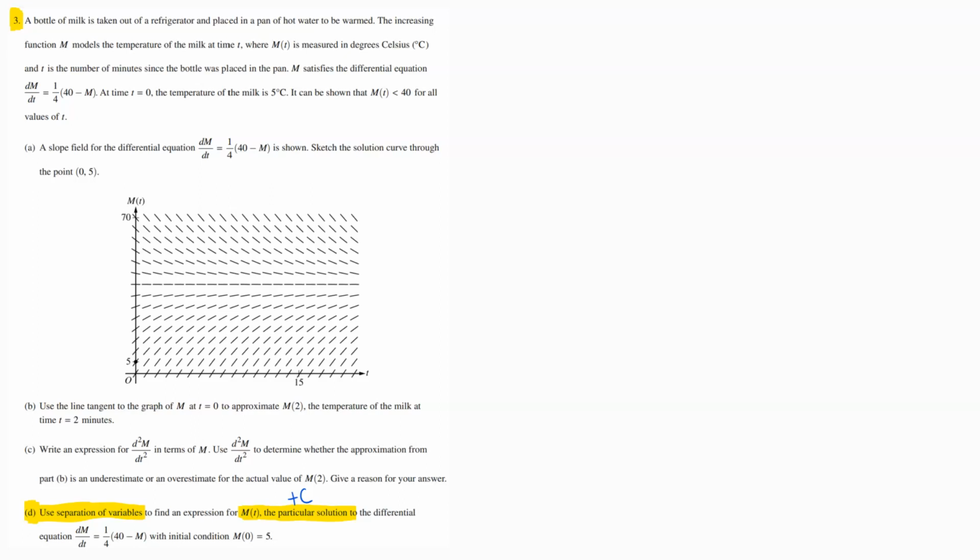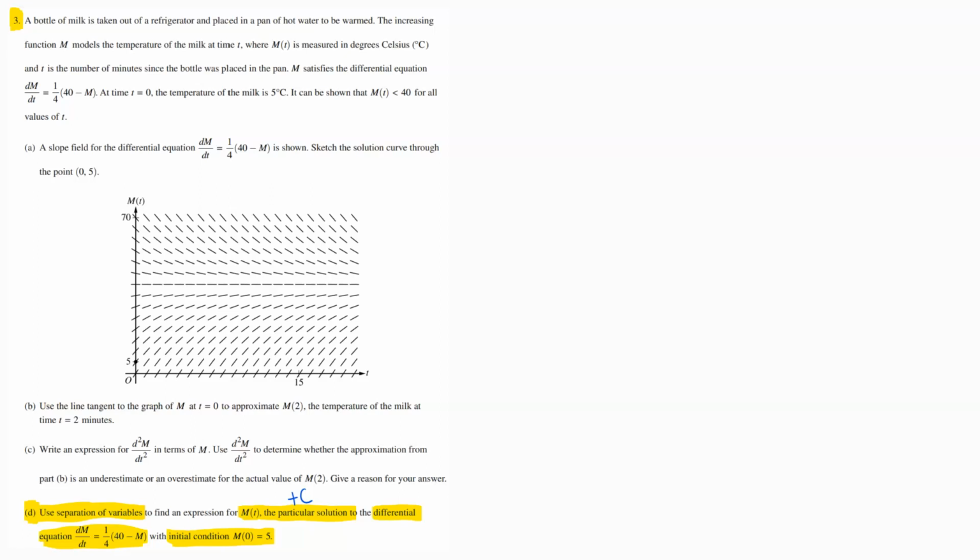When you're taking an antiderivative, you always get those plus c's, and so when they want the particular solution, they're telling you to go find that plus c value. So we're finding the particular solution to this differential equation, and then they're giving us this initial value, and that initial value is the value we use to find out what our plus c value actually is.